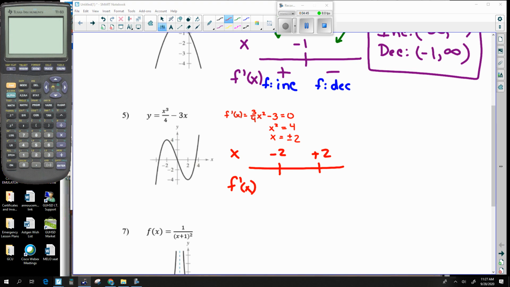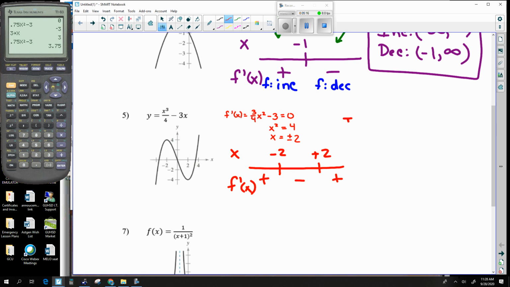When it's less than -2, like -3, for instance, I put that into the derivative, and I see that the answer is positive. Any number between -2 and 2, such as 0, I see that that answer is negative. Any number bigger than 2, I see that that is positive.